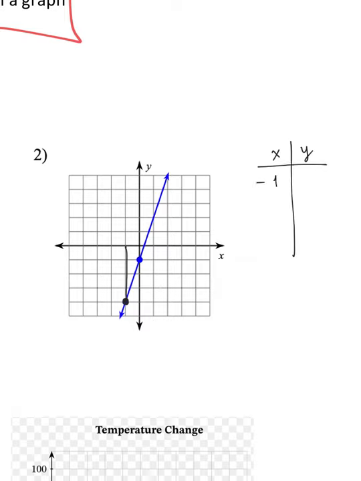Make sure the left side of the origin is negative. This is the downside of the origin, so it's negative as well: 1, 2, 3, 4, -4. That is my first point. This point right here, x is 0, y is -1.